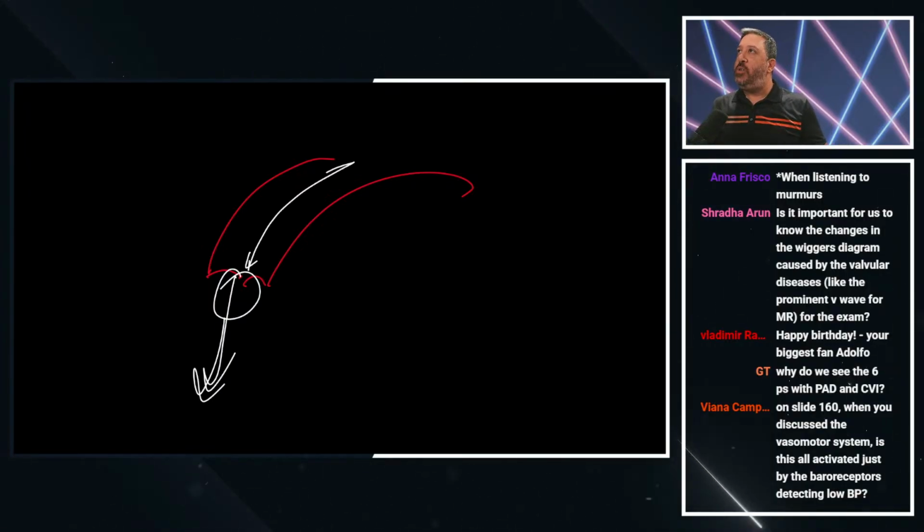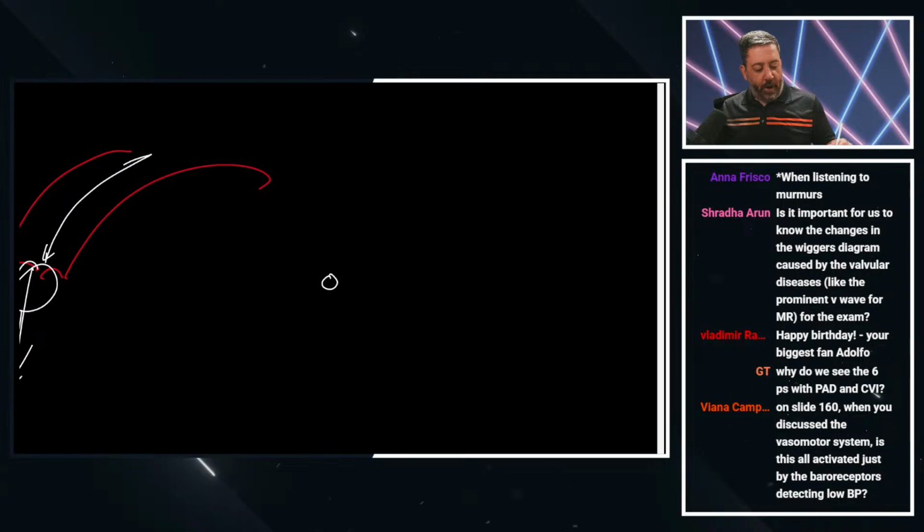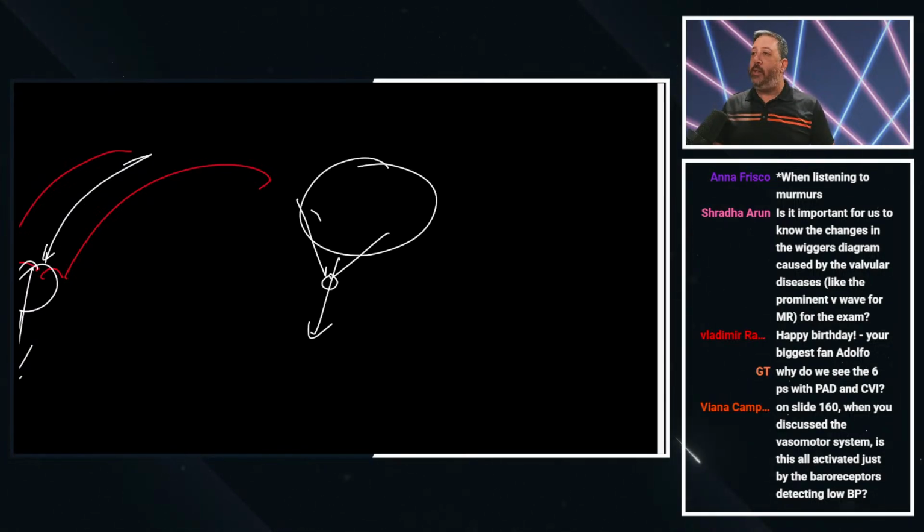With mitral stenosis, it's also going to happen during diastole because it's happening during filling. With mitral stenosis, you're trying to squeeze a lot of blood all through one little area. So you're going to have a very similar mild crescendo-decrescendo murmur with mitral stenosis as well.